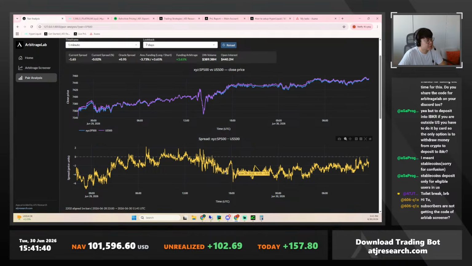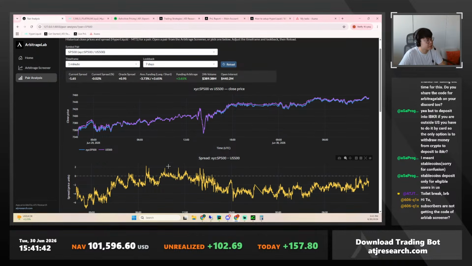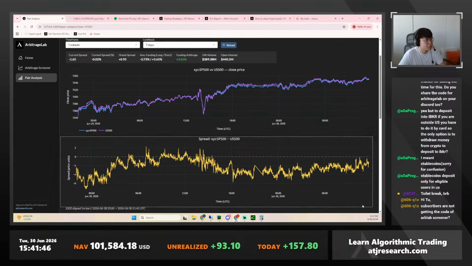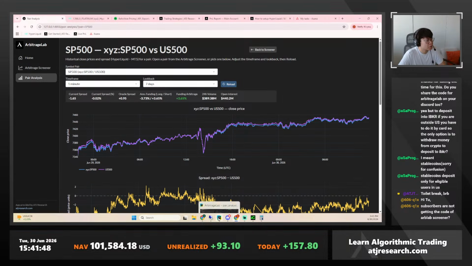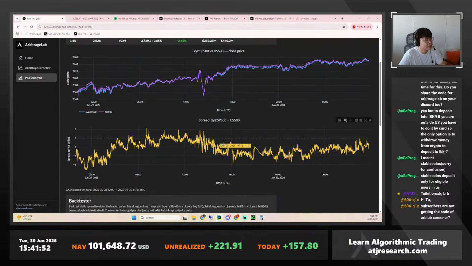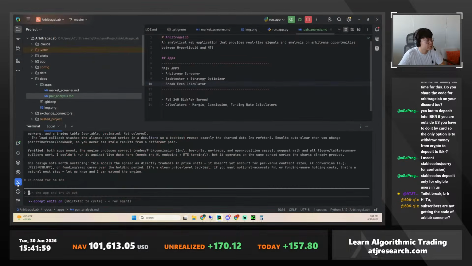So the next thing I would, for example, add is a standard deviation in the spread. So maybe that could help us. So I'm going to say compute a standard deviation on this data set for this specific period that would help me.